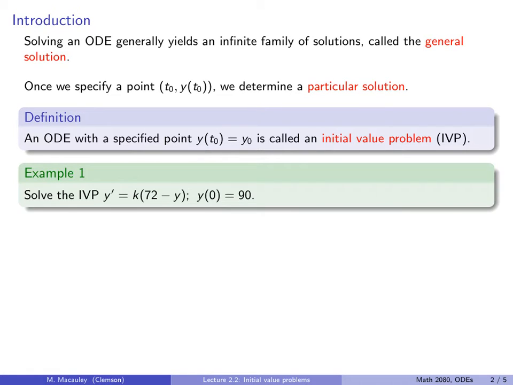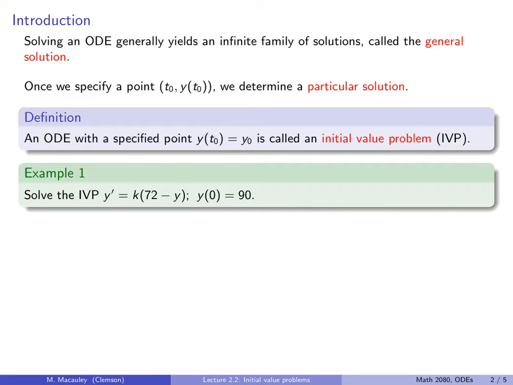As an example, let's revisit the equation that we solved last lecture. We solved the general solution, and now I'm turning this into an initial value problem by giving you an initial condition. So suppose y is the temperature of a cup of water sitting inside a 72-degree room that initially is 90 degrees. I'm not going to resolve this.